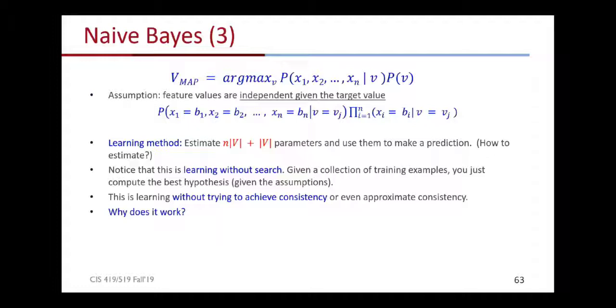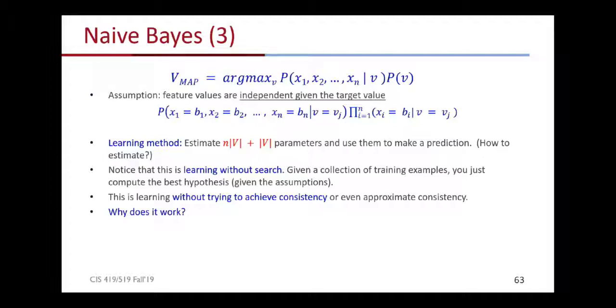So let's summarize. What is the learning method here? The learning is estimating the parameters. I have to estimate size of V plus n times size of V parameters, and use them to make the prediction. We already talked about how to estimate.